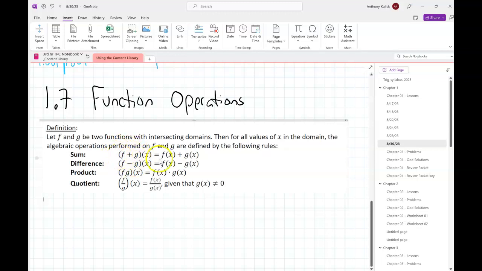The sum of two functions is just the sum of the two individual functions. The difference of two functions is just the difference of the two individual functions. The product of two functions is just the product of the two individual functions. And the quotient of two functions is just the quotient of the individual functions, assuming that the denominator is non-zero.